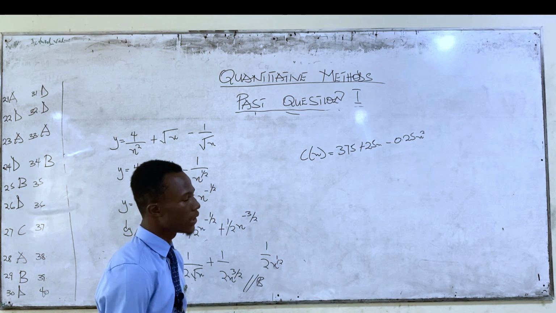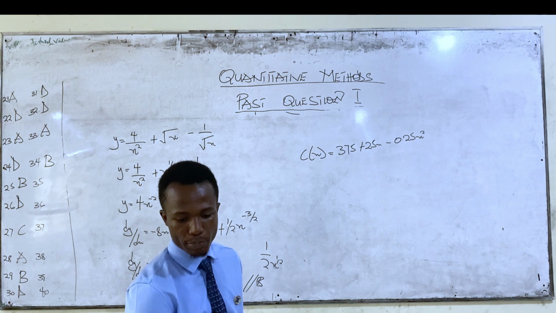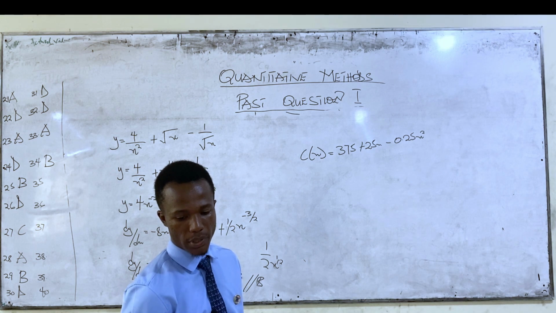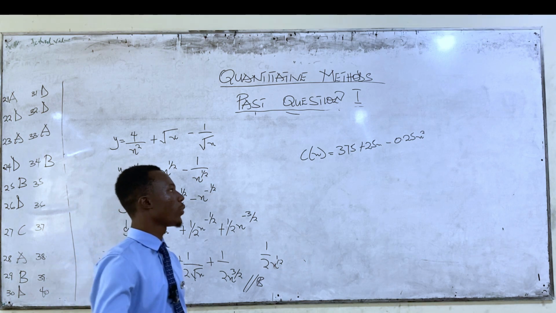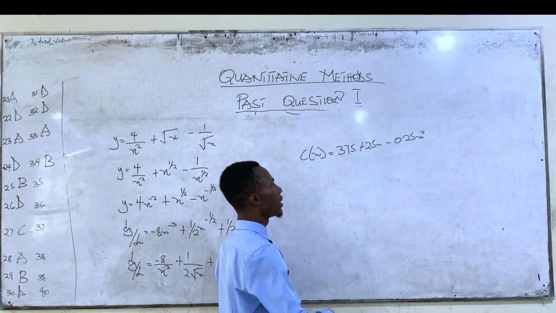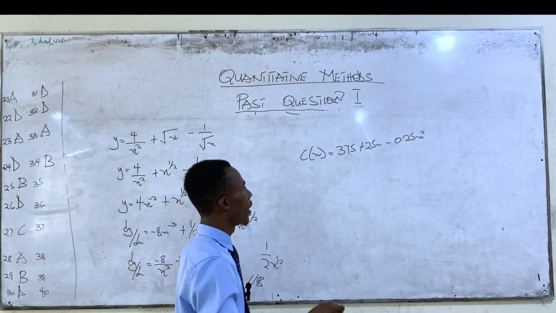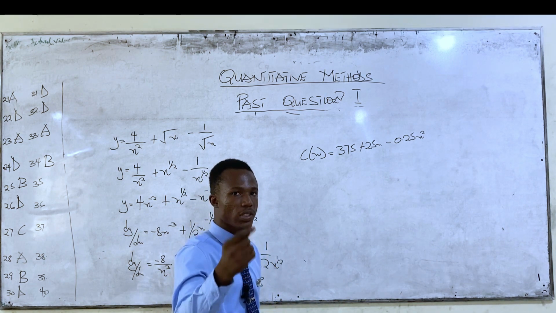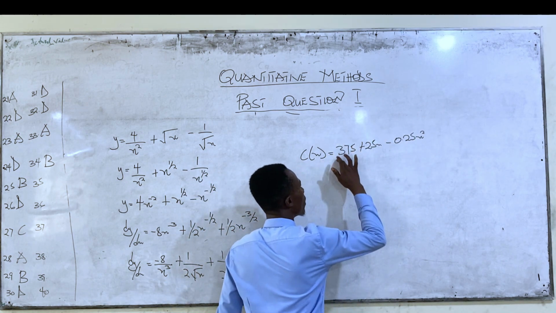Okay. You know, when we talk about marginal, it means the extra cost incurred in order to produce another unit of output. So it means what is the cost here?